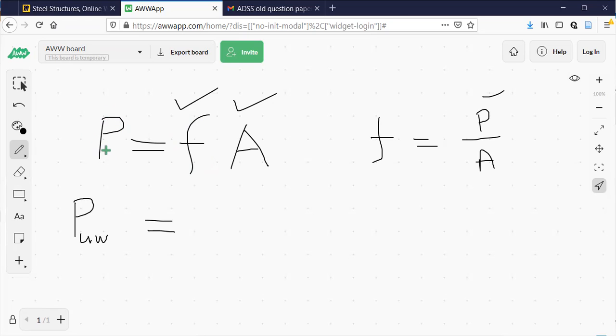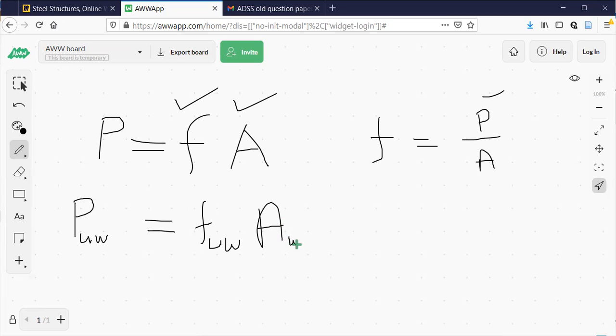If you are calculating ultimate load, this is ultimate stress into cross-sectional area. So if I want to find out the resistance developed by the weld against axial force or moment or whatever, here this is axial force, what should I write here? Permissible stress in the weld, or we can say ultimate stress in the weld, into area of weld.